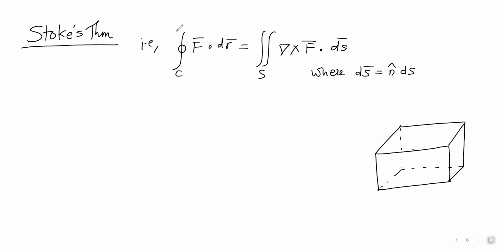Open means here you can see that the curve is there, and here you are applying the vector field. Now how many surfaces are remaining? In all there are 6 surfaces, out of that one is open, correct? It's an open box. No lid is there.